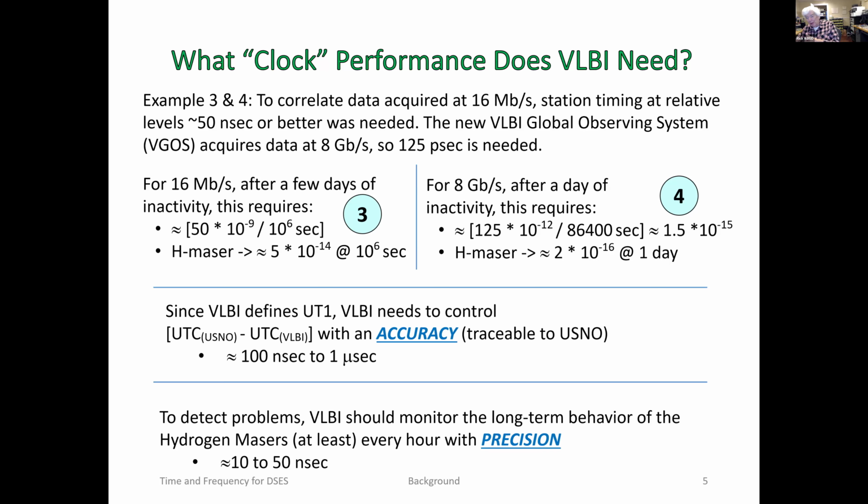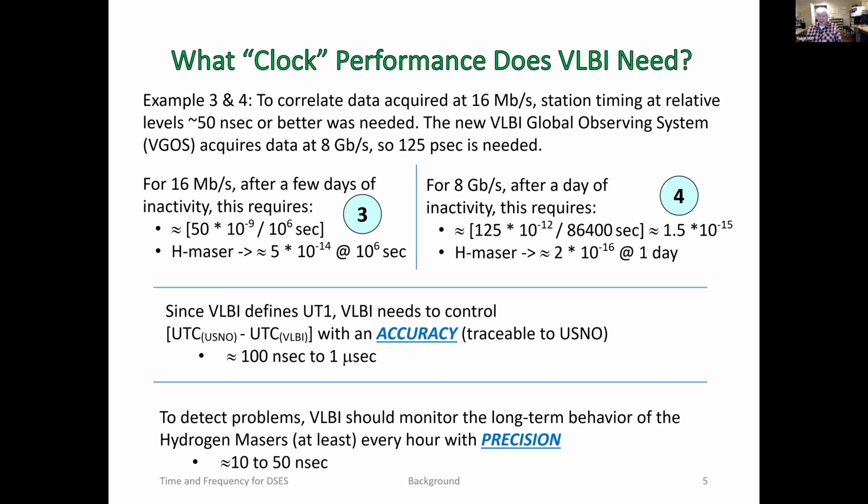But in any case, today, they need 2 orders of magnitude better oscillators for only 1 day of inactivity. So things get more serious and requirements get tighter as the expectations of these sites grow.